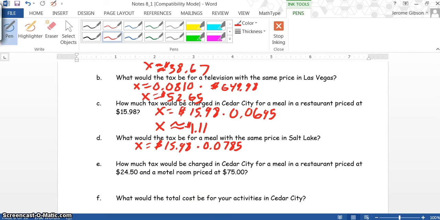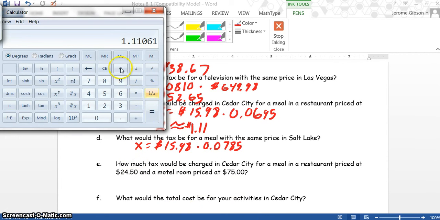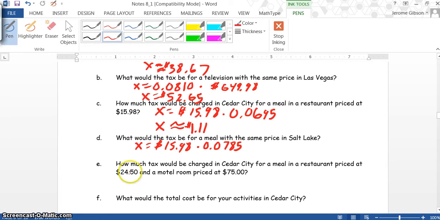Now we will multiply that. You will have 15.98 times 0.0785, and that'll be approximately $1.25. So the X is approximately $1.25.